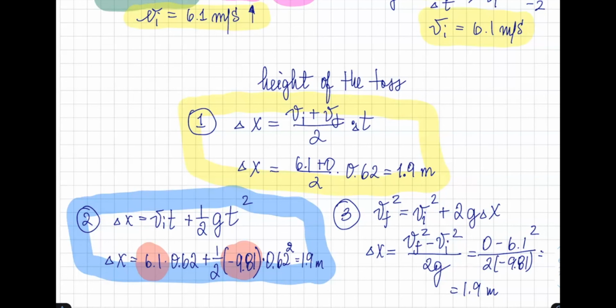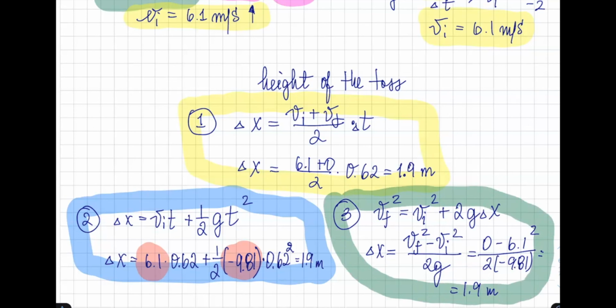And then finally, the third way to figure it out is the v squared. So you have v final squared equals v initial squared plus 2g delta x. v final at the top is 0. Delta x is what you're going to look for. So when you rearrange, it's v final squared minus v initial squared over 2g to give you delta x.